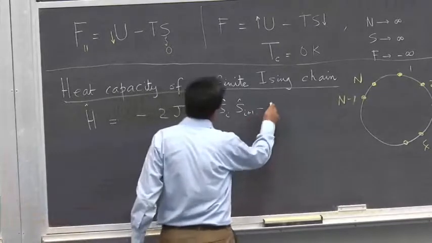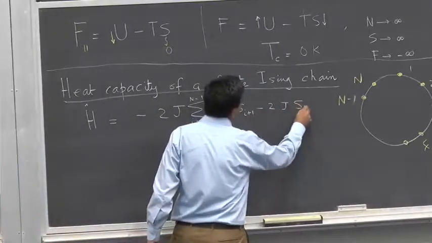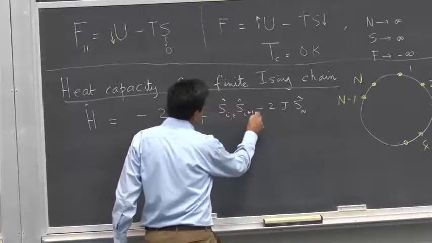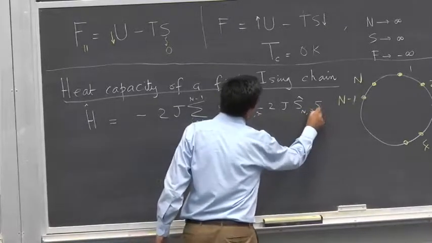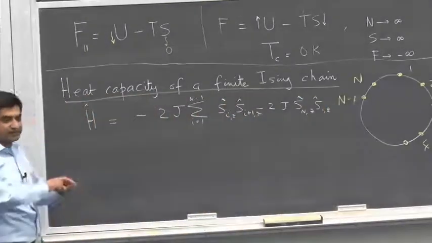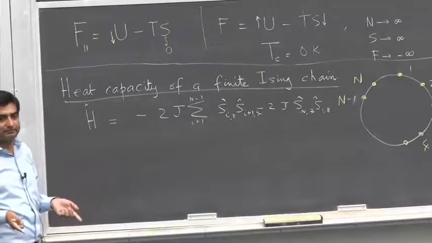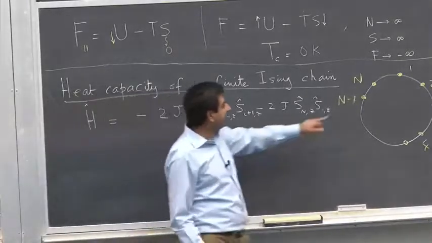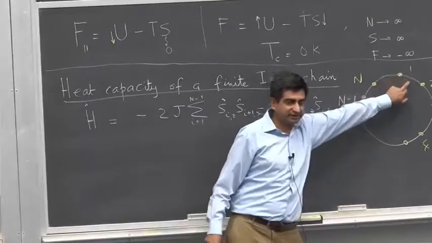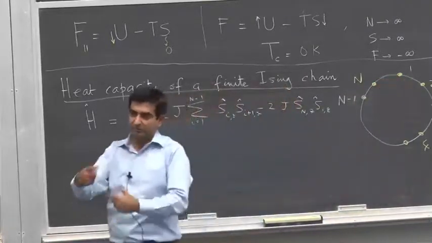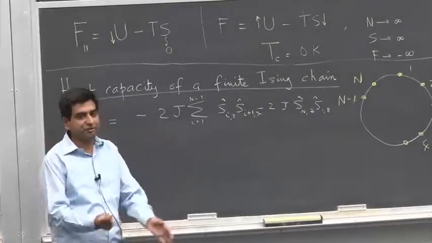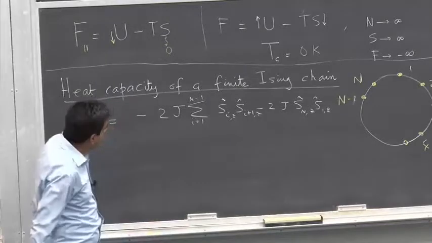And you also have minus 2J S_n^z S_1^z, and these are only the z terms. Okay? So this is the complete Hamiltonian for the system. It's periodic, which means that n minus 1 is connected to n is connected to 1 is connected to 2, and so on. It's pairwise interaction and periodic. We have imposed a boundary condition on the interaction, and this is the total Hamiltonian.